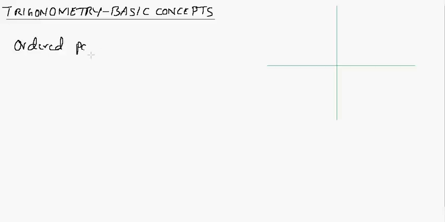An ordered pair is just two numbers enclosed in parentheses. For example, a pair like -2 and 3 represents the position of a point in a plane.